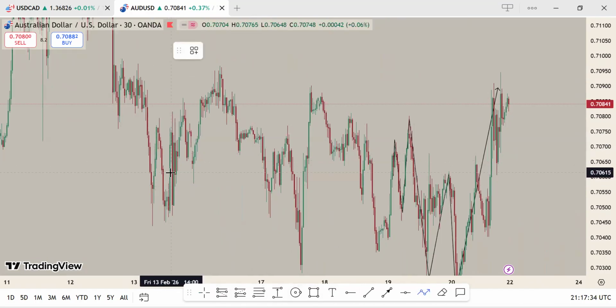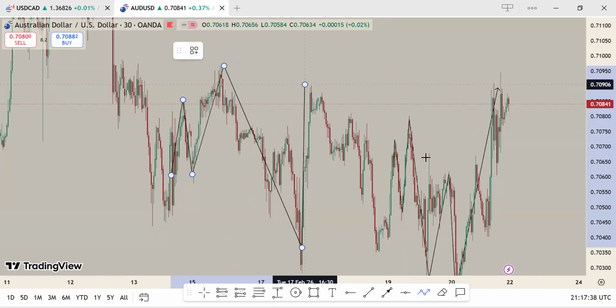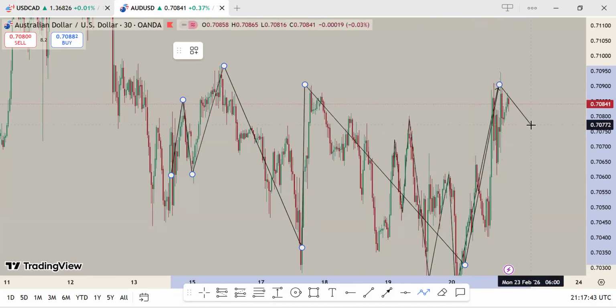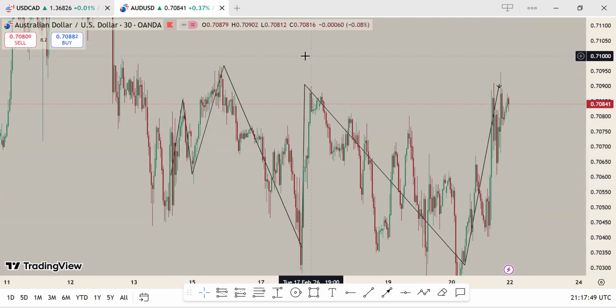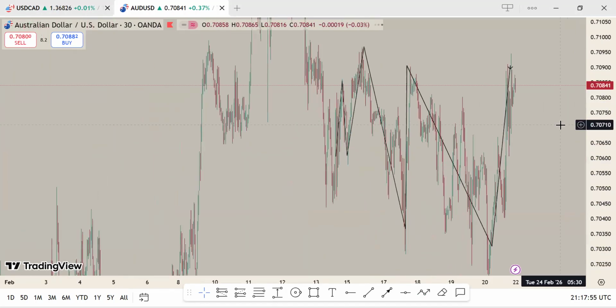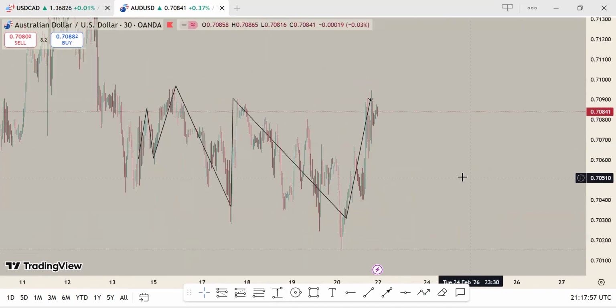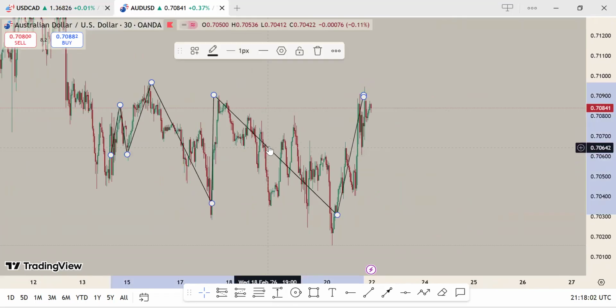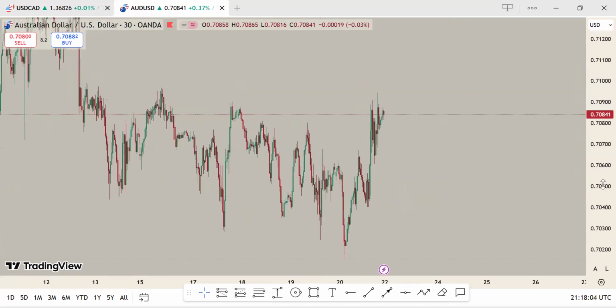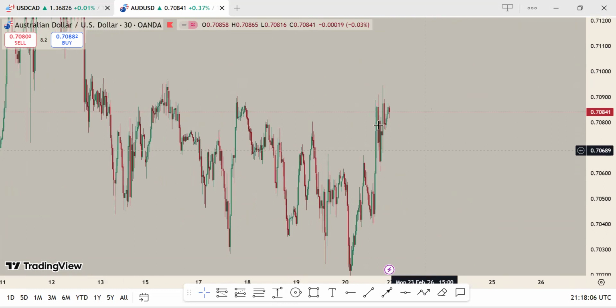This is it. This should be it now. Am I correct now? Okay. So you want to know if this is a trend line liquidity? Is that what you're asking?